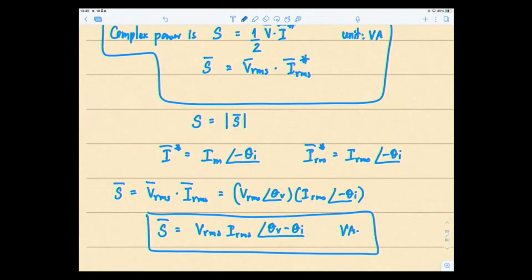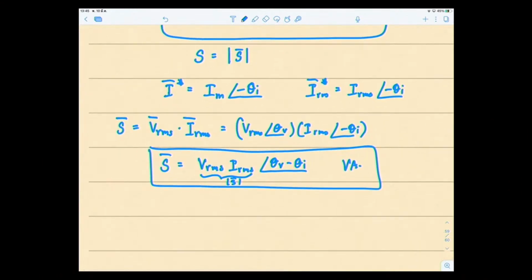And of course, this magnitude is your apparent power. Now the interesting thing is that if we write it in this form, it is a polar form, with the magnitude, the amplitude, and the phase angle.